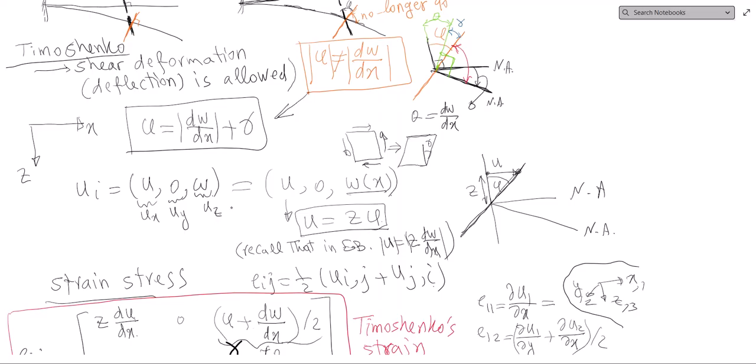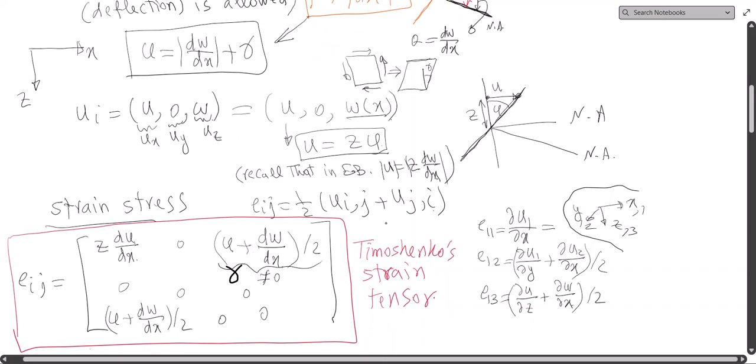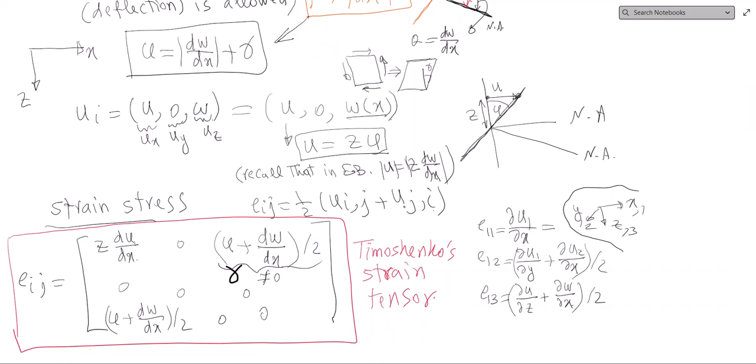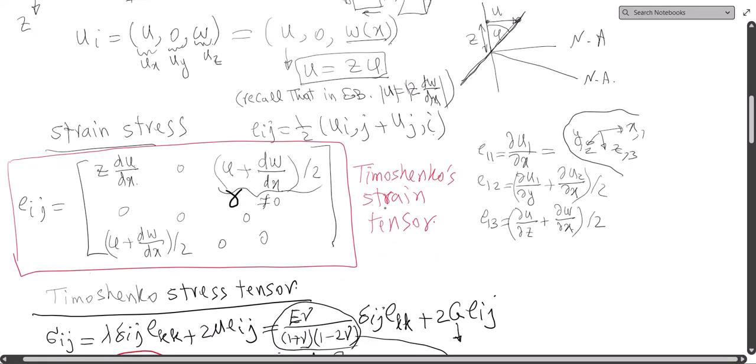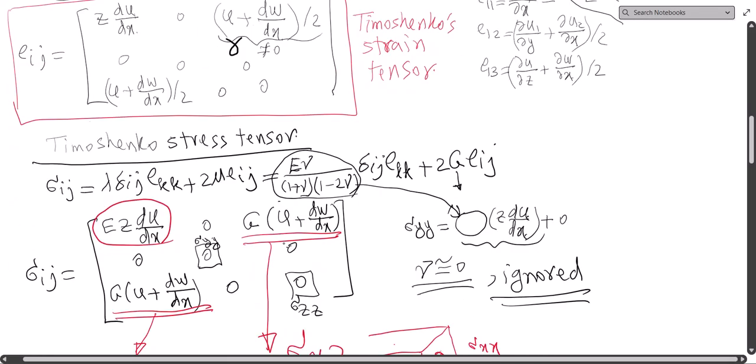This u is given here as z multiplied by phi, the rotation of the cross section, and then you do your derivation according to this formula for the strain, and then you get this tensor.